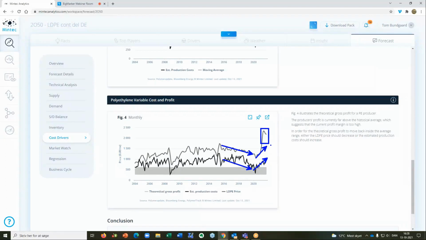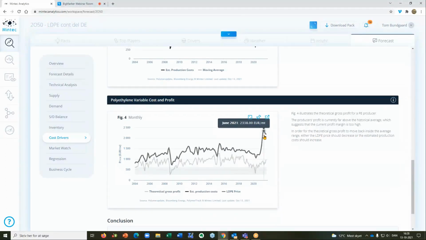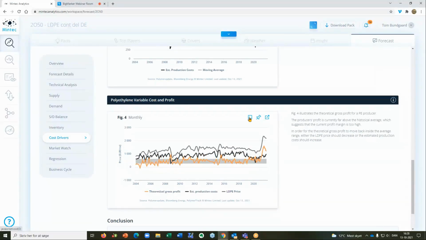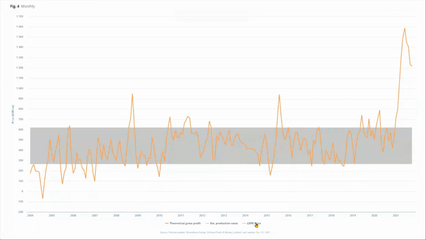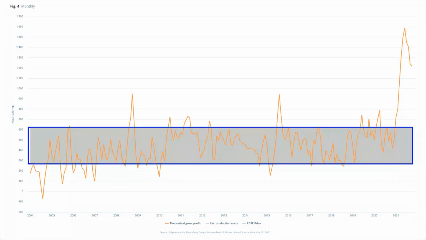And that shows you, basically, the difference between these two is profit. That's the orange line. So we calculate the industry norm. This is the gray area. That's the industry profits. So we realize that sometimes profits are too high, sometimes they're too low. This is danger for me as a buyer, because when profits are too low, of course, profits need to go up, and that means rising prices.